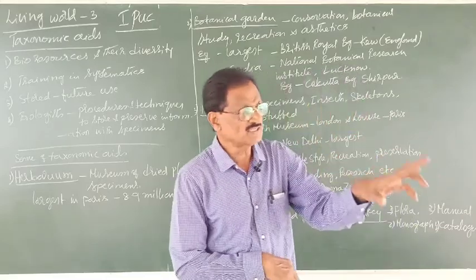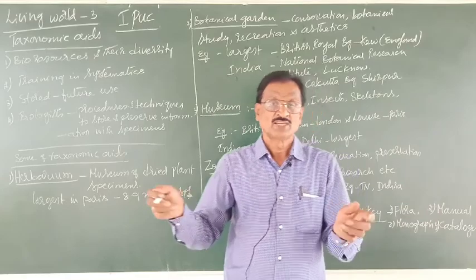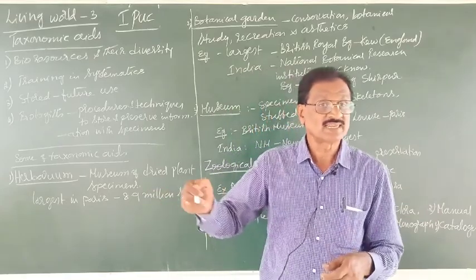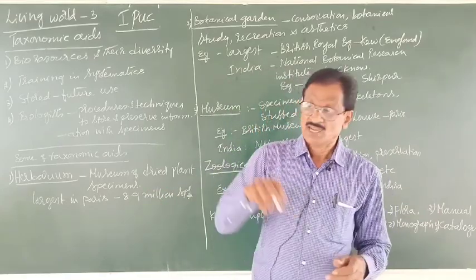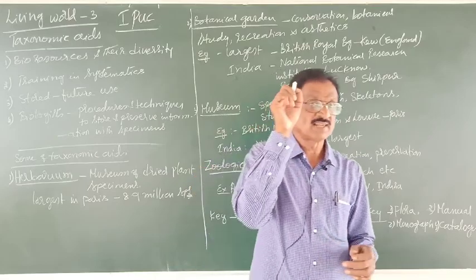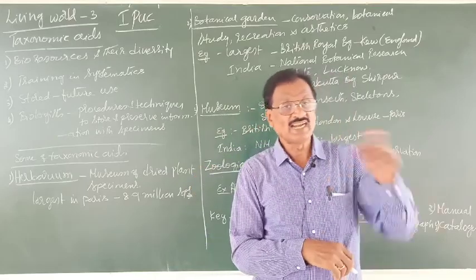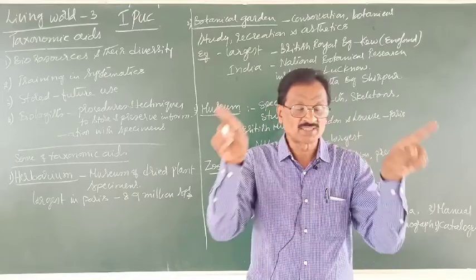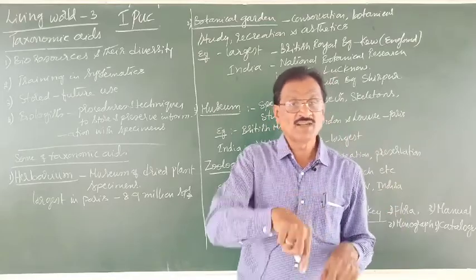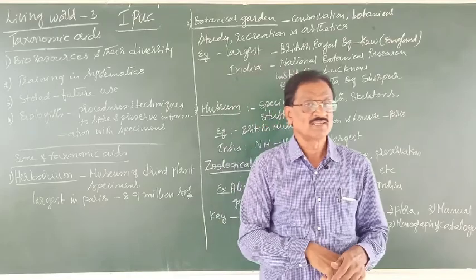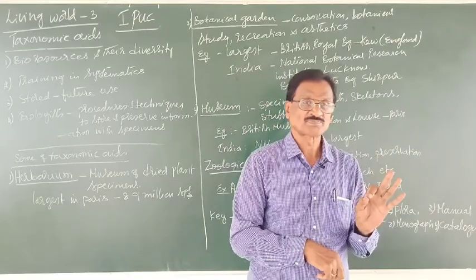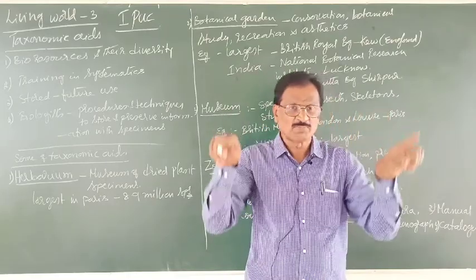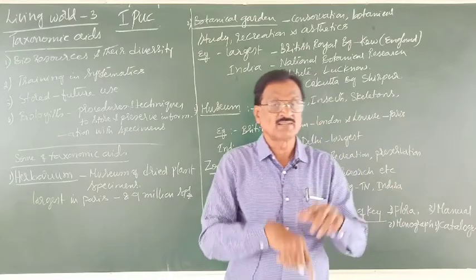First of all, insects are collected by using the insect nets. And then insects are killed. Later on, they are pinned in a box. And that box can be referred as what? Insect box.